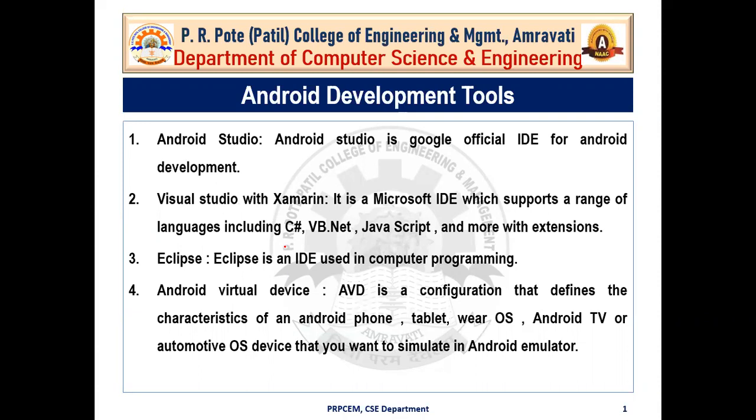This Android software development kit also comes in a bundle with Android Studio, that is the integrated development environment. Android Studio is Google's official IDE for Android development, where the work gets done and many of the other tools are best accessed or managed.